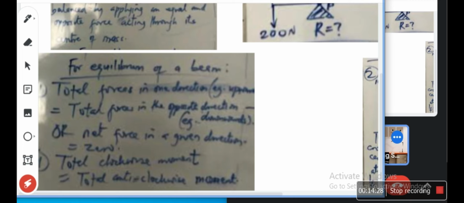Okay, let's take the second condition. Total clockwise moment is equal to total anti-clockwise moment. These conditions must be satisfied for an object to be in equilibrium.